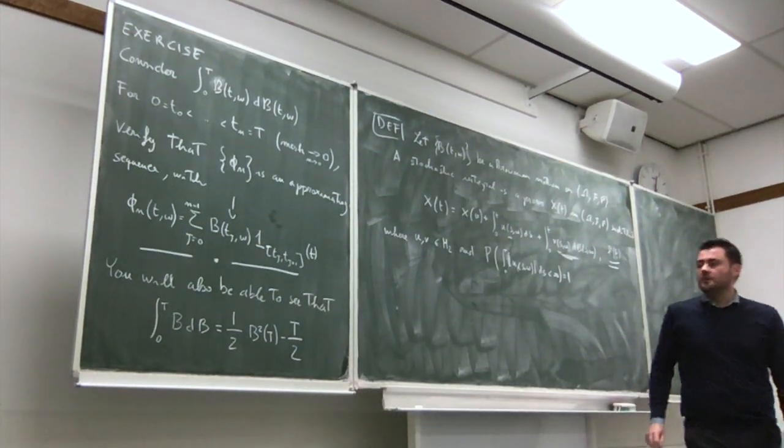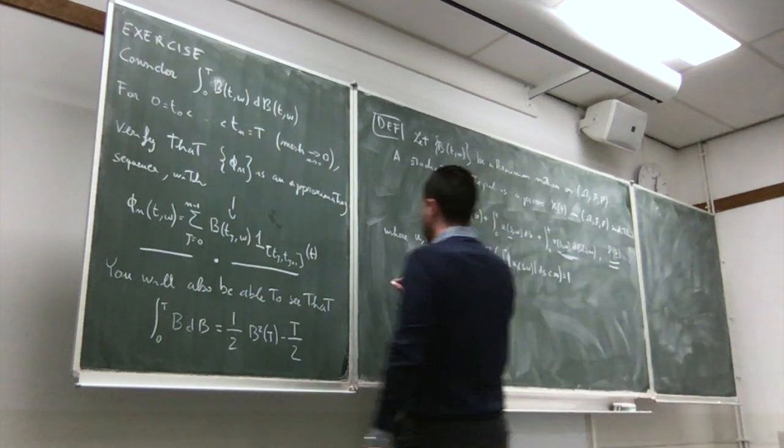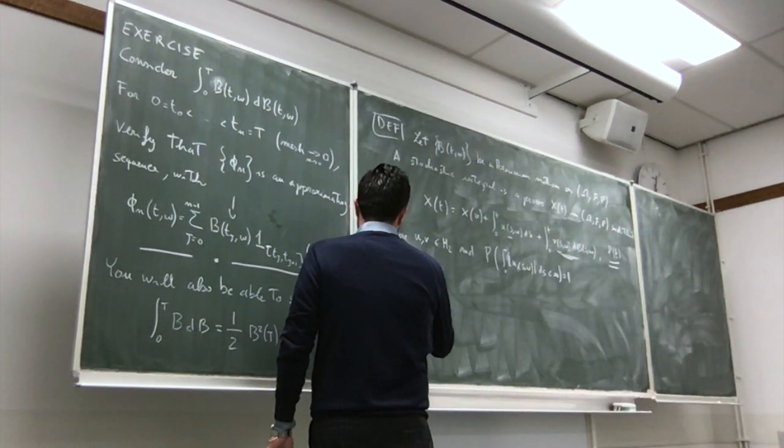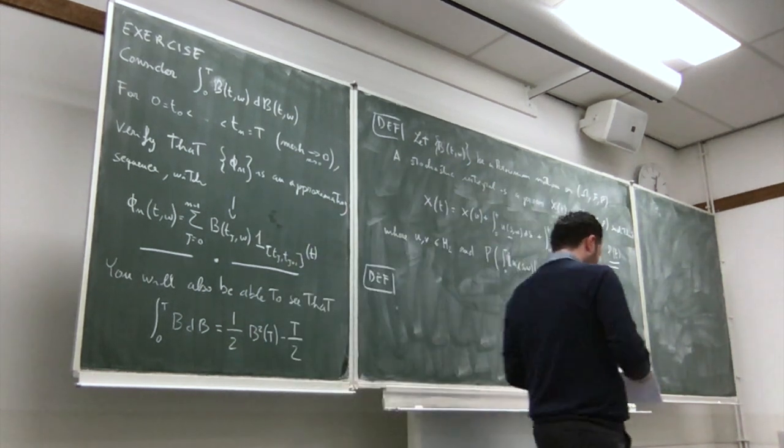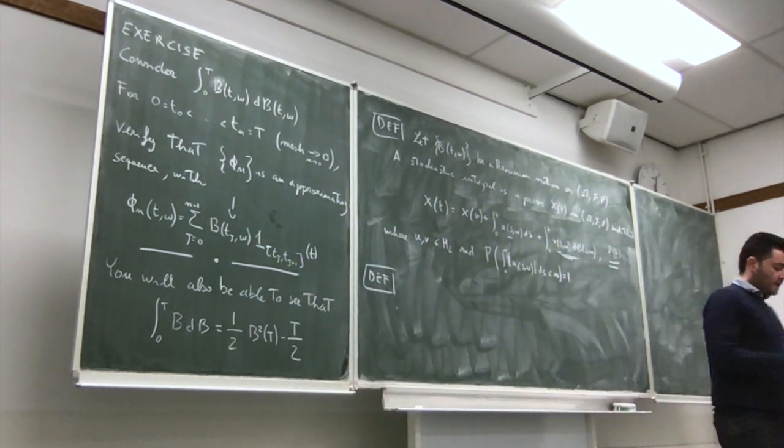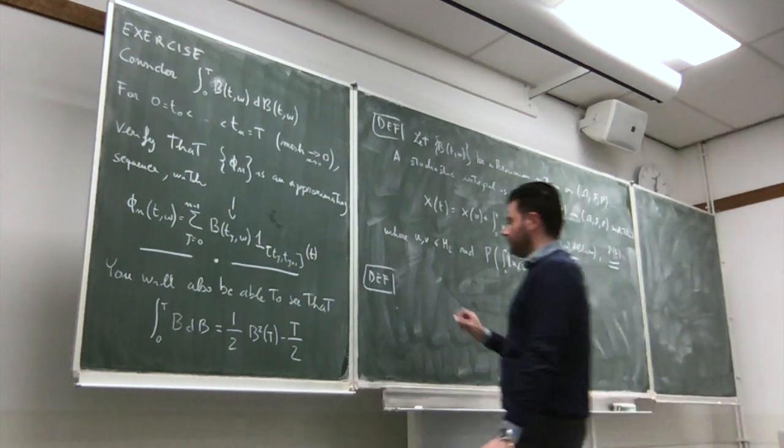Okay, so this is the first definition that we need. The second definition is the definition of stochastic differential. And it's the following.